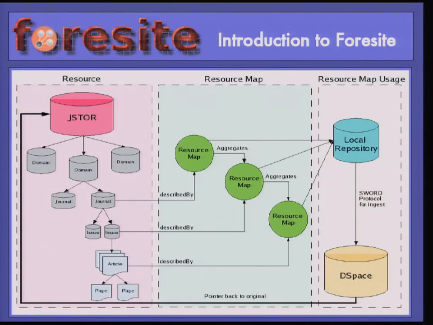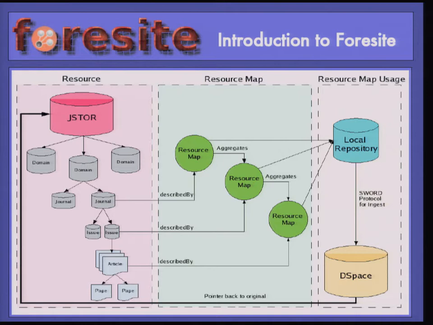This is the approximate outline of the project. So you see on your left the JSTOR repository, which contains lots of domain-specific information, and in each of those domains, lots of journals, and in each of those journals, lots of issues, and in each of those issues, lots of articles, and in each of those articles, lots of pages. Lots of nice hierarchic data here for us to work with. And we use ORE to describe every single level of this process.